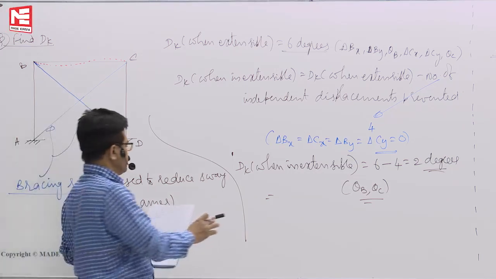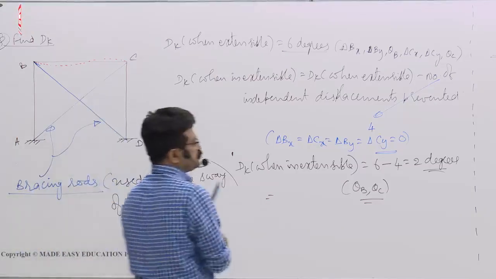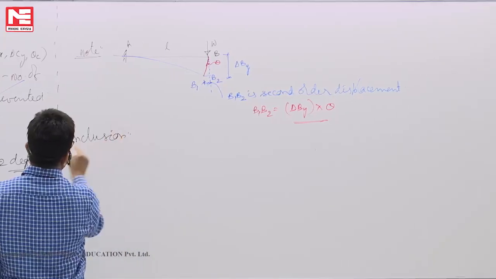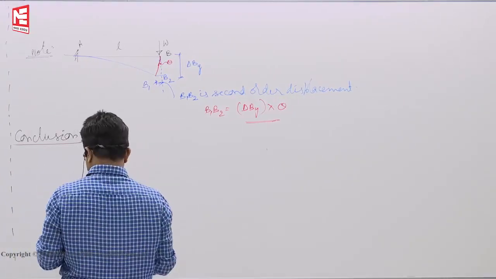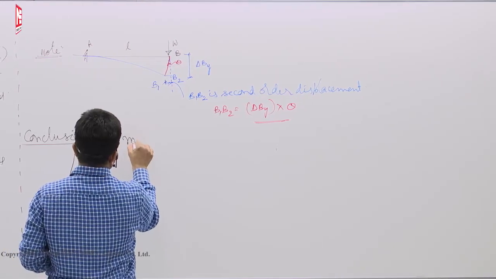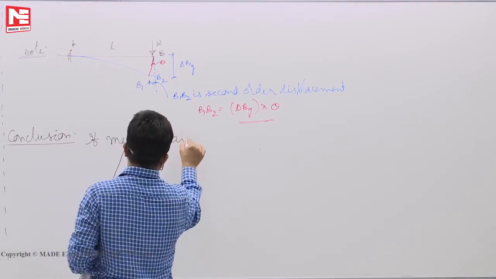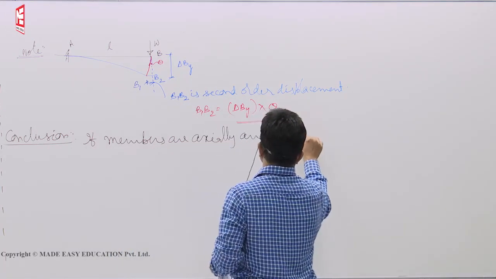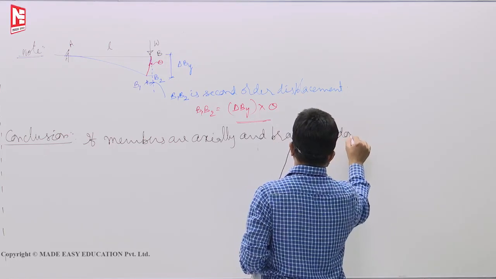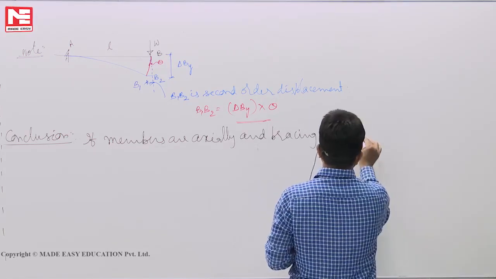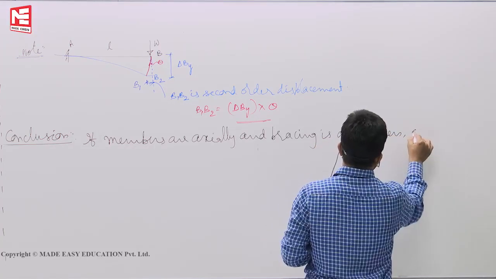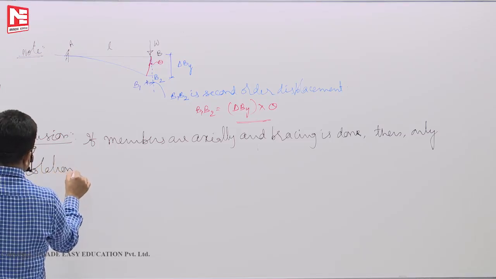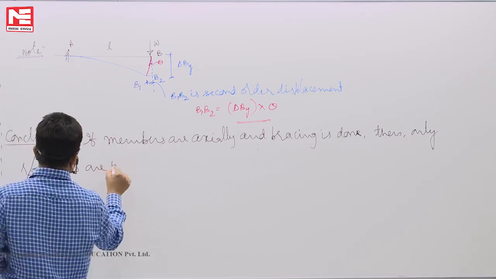Let us take this as one conclusion. That means in the exam, to increase the speed, this is our overall observation: if members are axially rigid and bracing is done, then only rotations are possible.